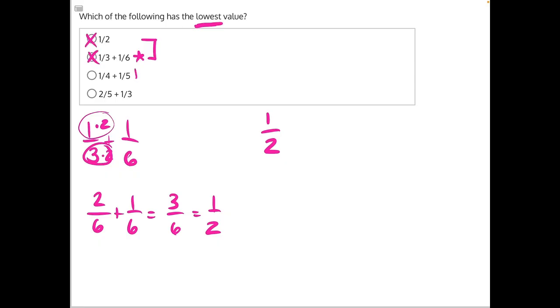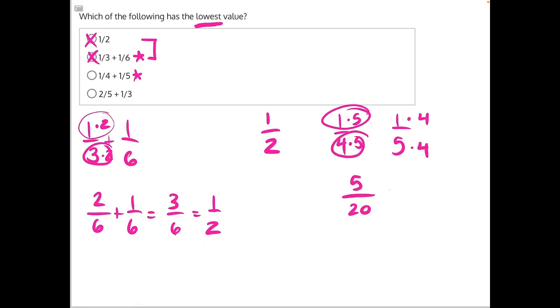Now for answer choice C, we're going to need to convert both of those into a fraction with a common denominator. In this case, the common denominator to shoot for is going to be 20. So I'm going to do 4 times 5 and 1 times 5, 1 times 4 and 5 times 4, and that will give us 5 times 1 is 5 over 4 times 5, which is 20, plus 4 times 1, which is 4, over 5 times 4, which is 20.